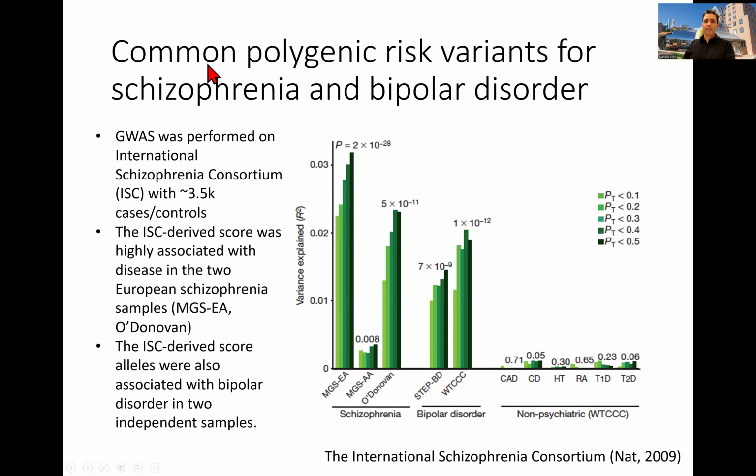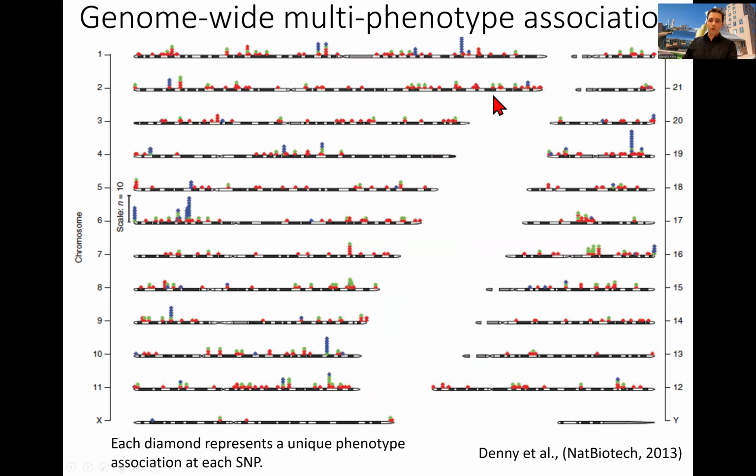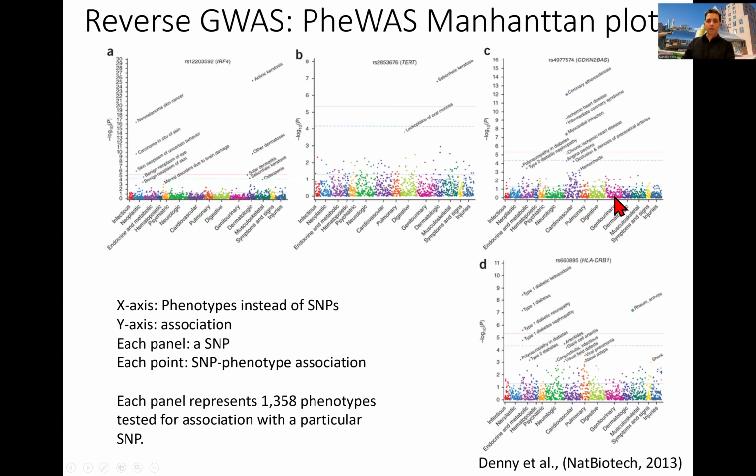You could ask, what is the polygenic risk for schizophrenia and bipolar jointly? What is the multi-phenotype association across multiple different phenotypes? For every phenotype, I can add a diamond, and then I can say there are some regions that are associated with multiple phenotypes jointly.